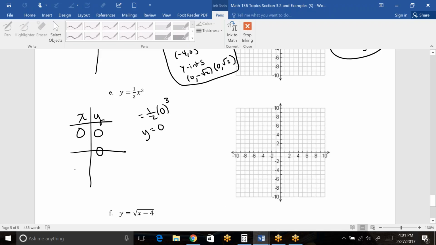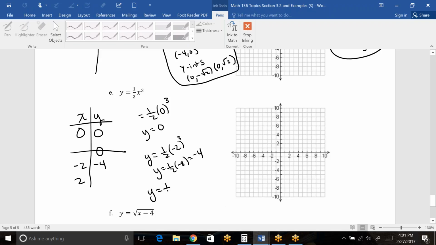So I need to plug in 2 other points at least. So maybe negative 2 and positive 2. I'm picking 2 because that's a 1/2 out there. I want something divisible by 2. So y equals 1/2 times negative 2 cubed, which would be 1/2 of negative 8 or negative 4.